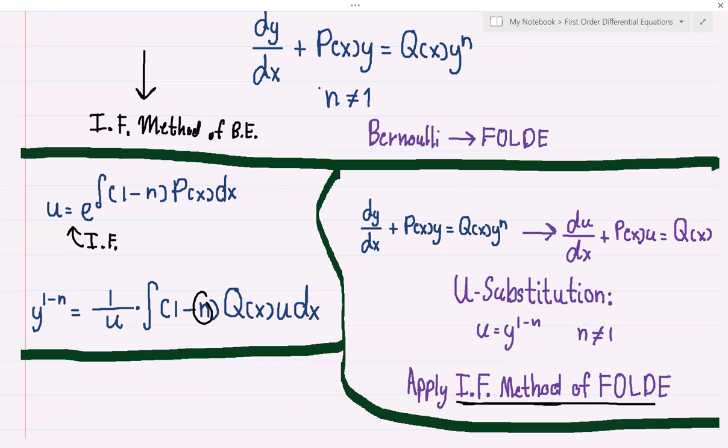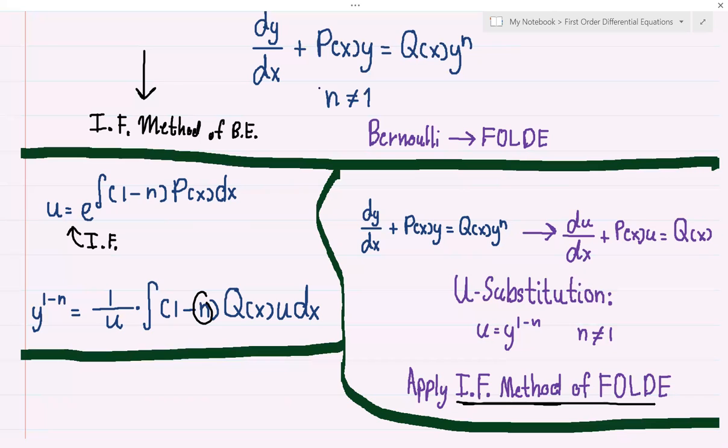If you want to have more idea on how you would solve a given first order linear differential equation by the integrating factor method, I suggest you watch the two videos that I made, which are practice videos about first order linear differential equation. I suggest you watch those. Don't worry, I'm going to link them in the description of this video.